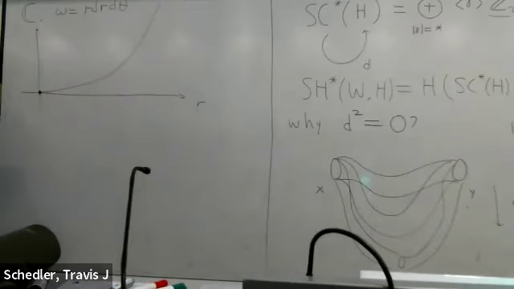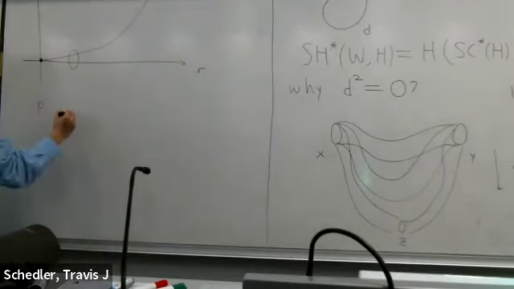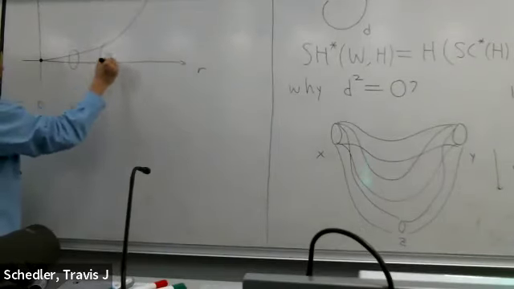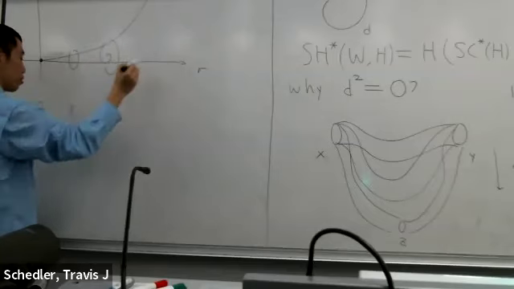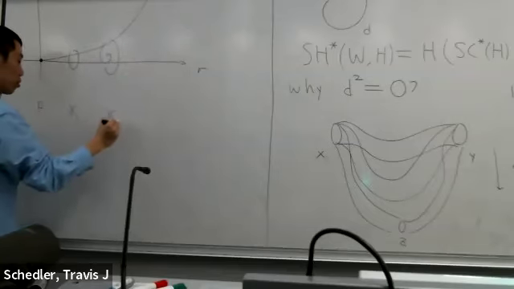What are the generators? Recall we have one generator at the origin, a constant one, which I call P. And we have circles wrapping around once, gamma 1, and the circle wrapping around twice, gamma 2, and so on.